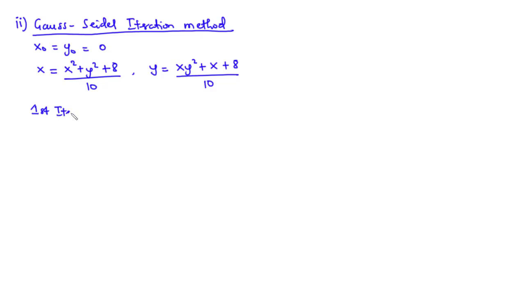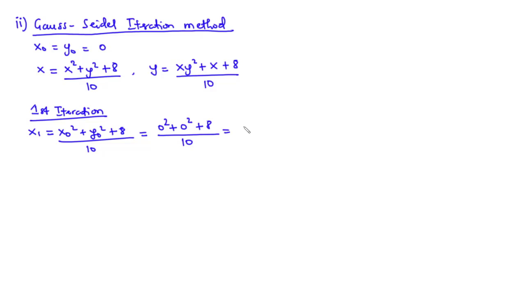So for the first iteration, we have x1, that's basically going to be x0 square plus y0 square plus 8, all divided by 10. So since we have x0, y0 to be 0, we are going to have 0 square plus 0 square plus 8, all divided by 10. This is equal to 8 over 10, and thus we have 0.8. So this is the value of x1.